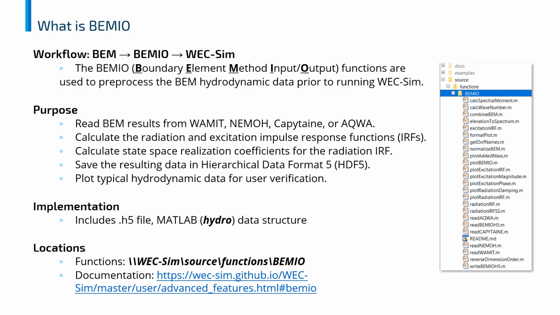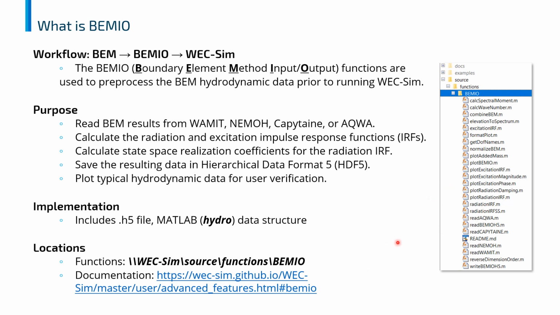The BEMIO functions are located in the WEC Sim main folder. Then you go to source, functions, BEMIO, and that's where you can find all the different functions that BEMIO has.